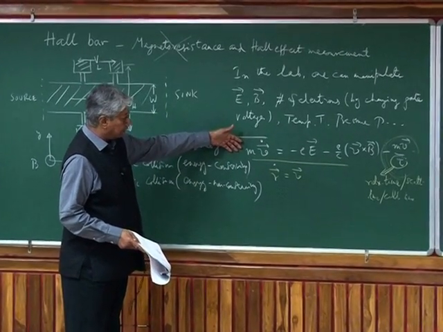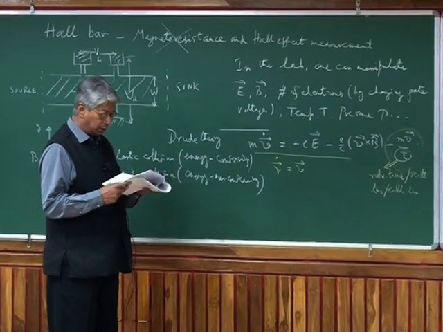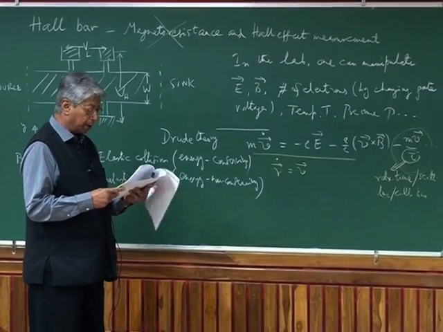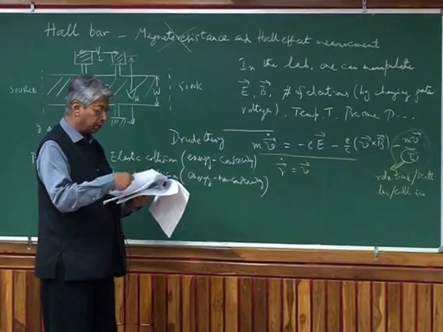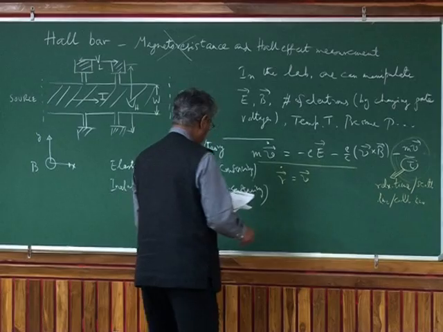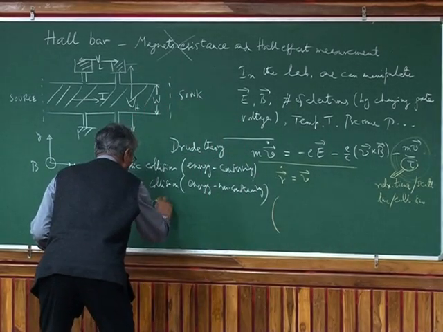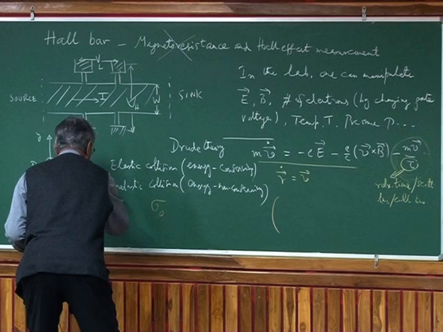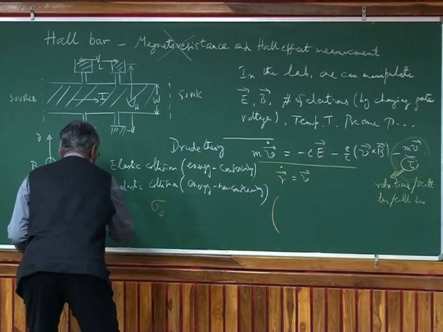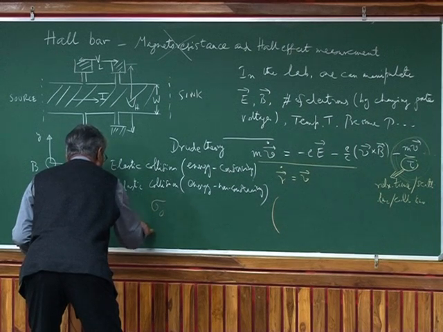So yesterday we wrote these equations down in terms of a matrix, and then we found out that you can rewrite this as the following matrix. Your sigma naught is your simple Drude conductivity, n e squared tau divided by m.